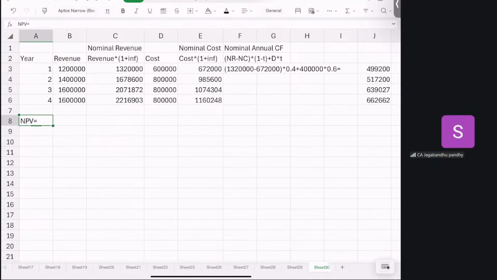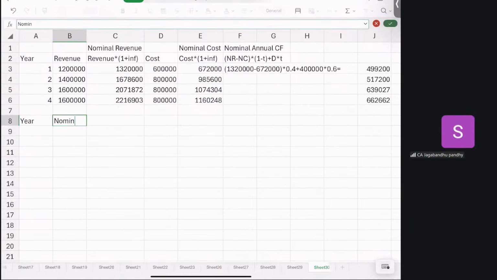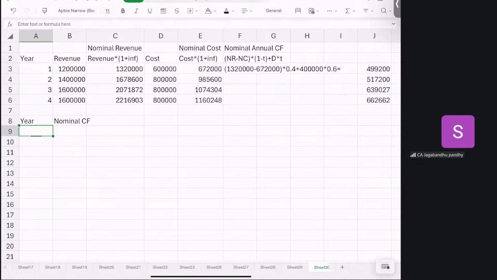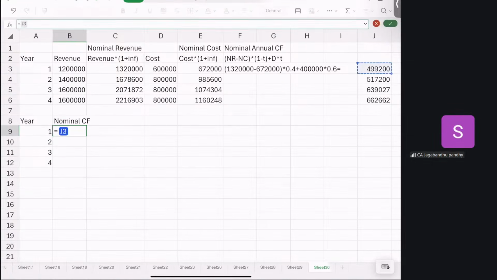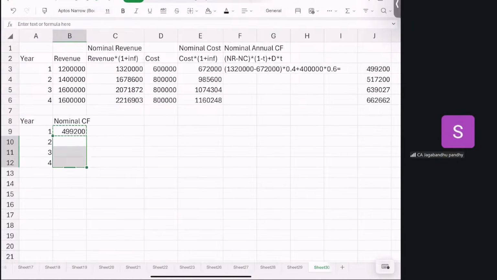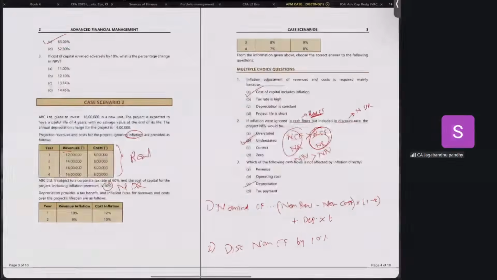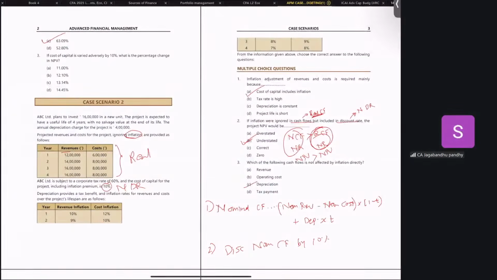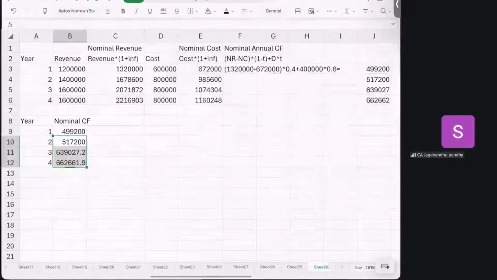NPV will be, let's say, year nominal cash flows. Year 1, 2, 3, 4. Nominal cash flows is these numbers. And then we are going to discount it at what, 10%?